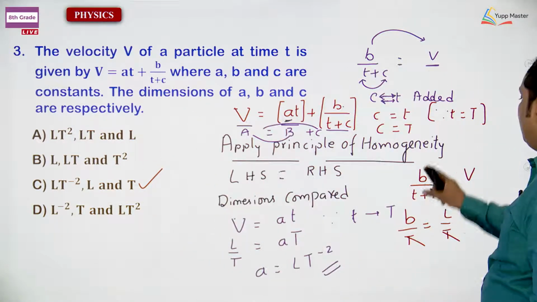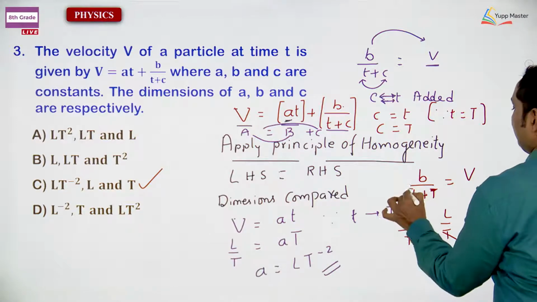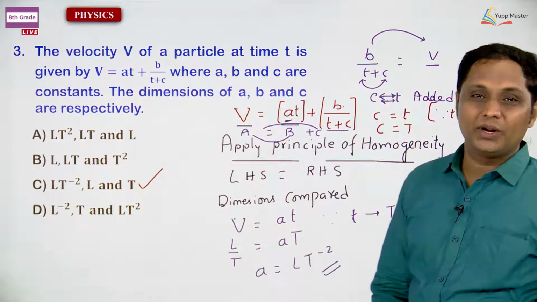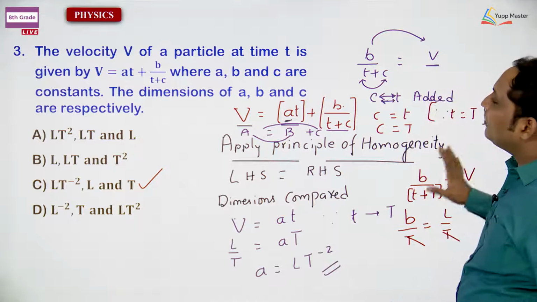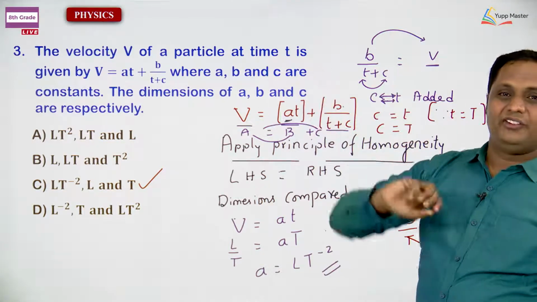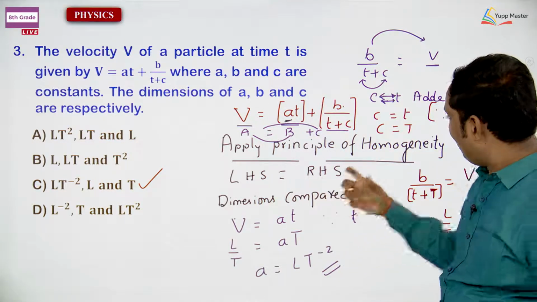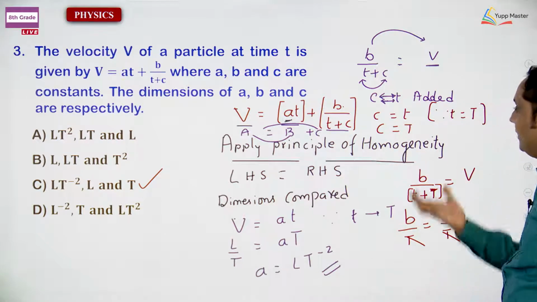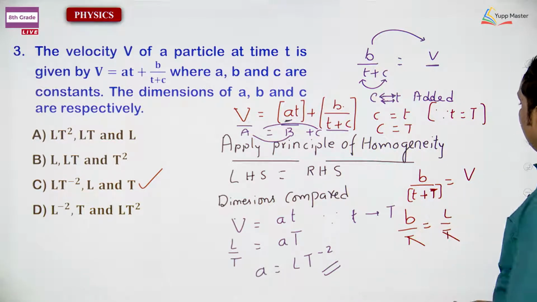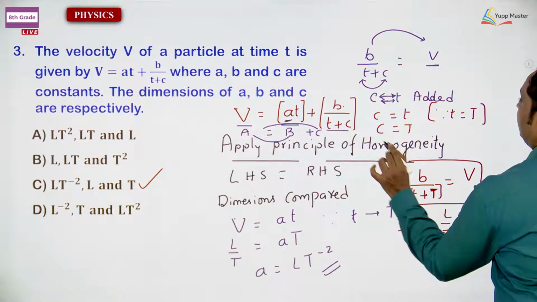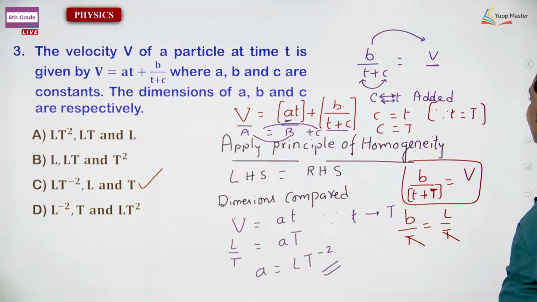So B is equal to L, this is going to be equated. That's how you can solve the problem for any given relation by applying the principle of homogeneity. It is very clear.